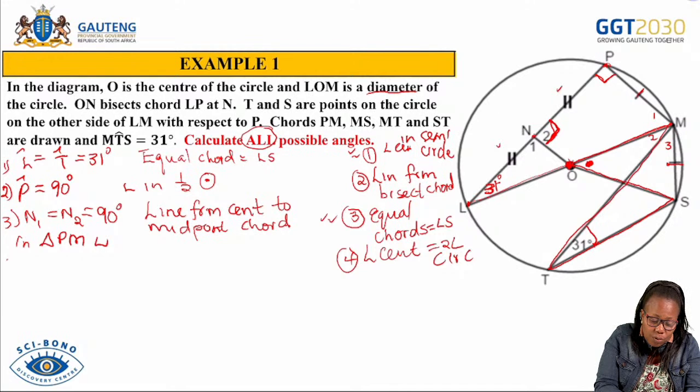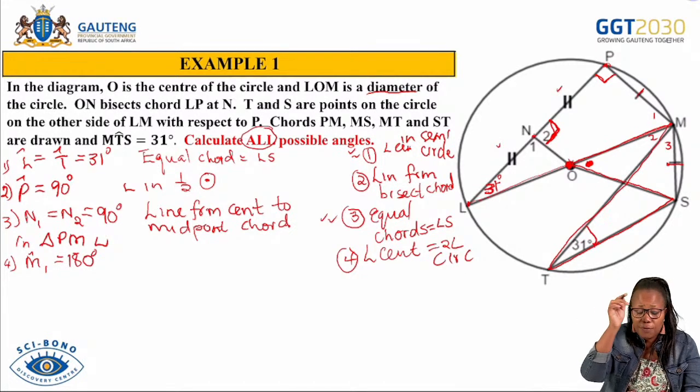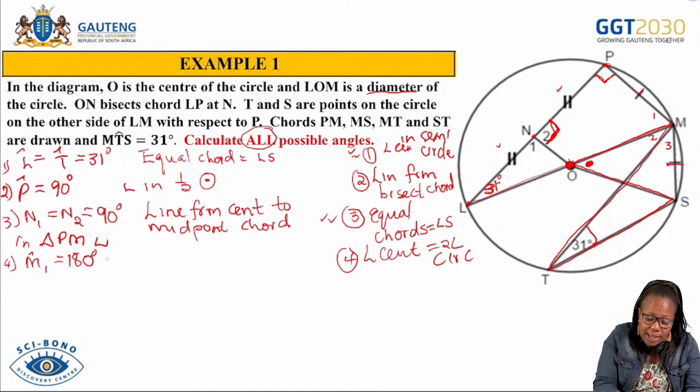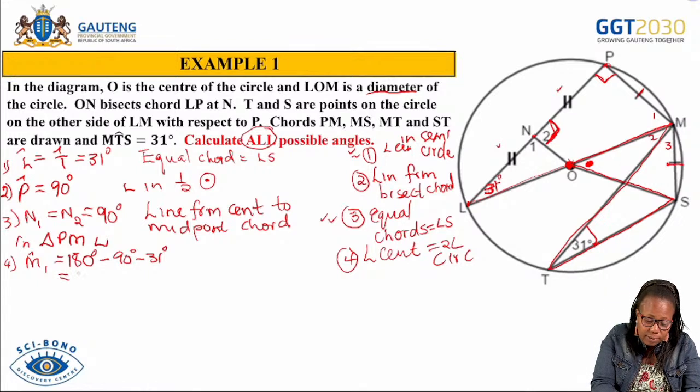Therefore, we can conclude that angle M1 is equal to 180 minus 90 from P, and then minus 31 degrees from N. If we subtract these two, we end up with 59 degrees.